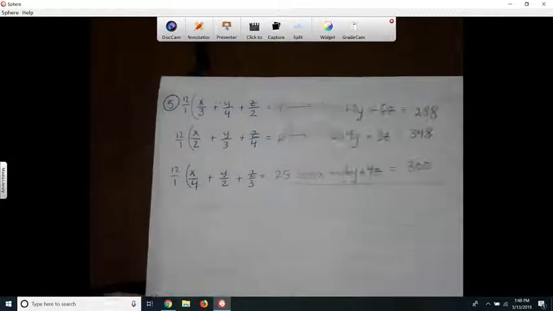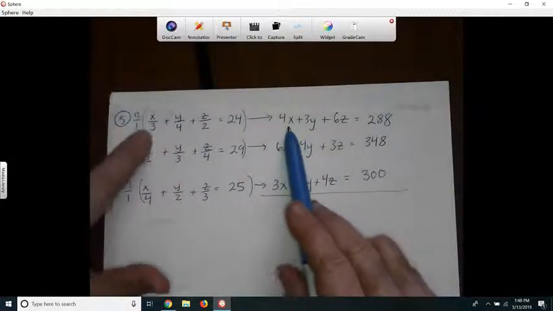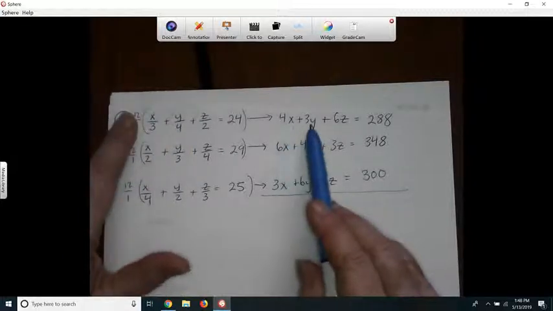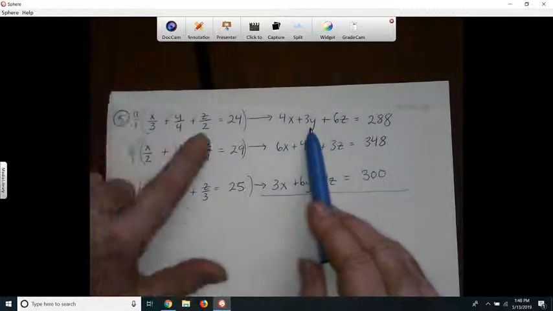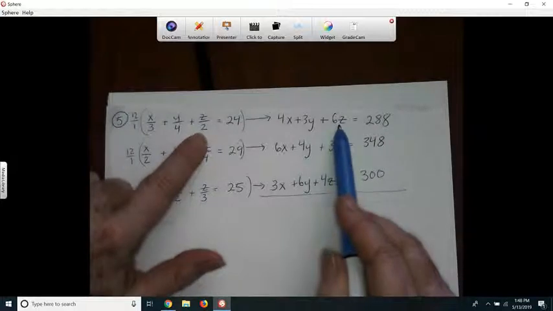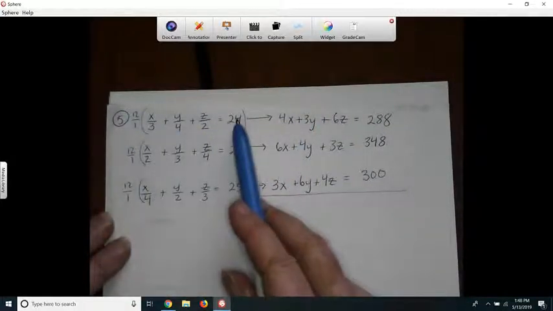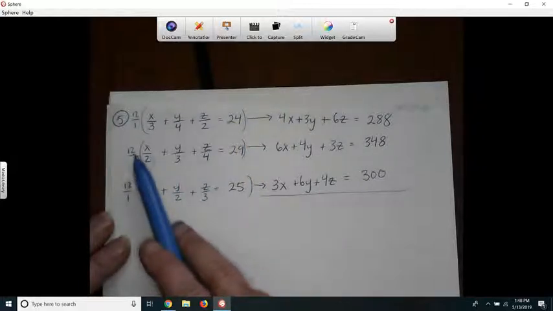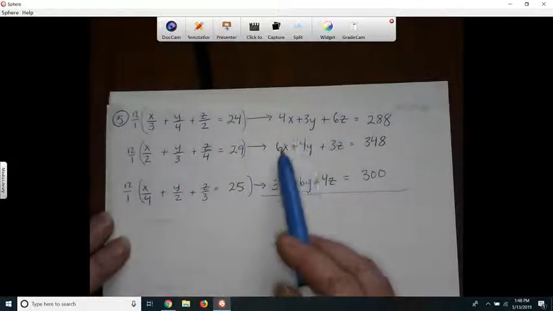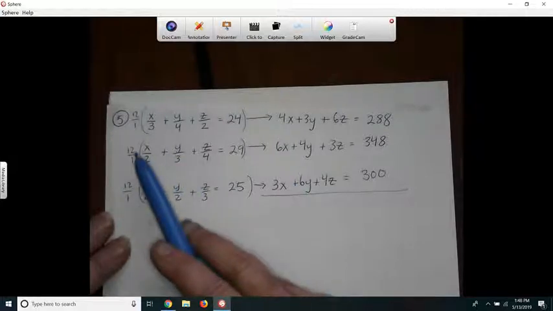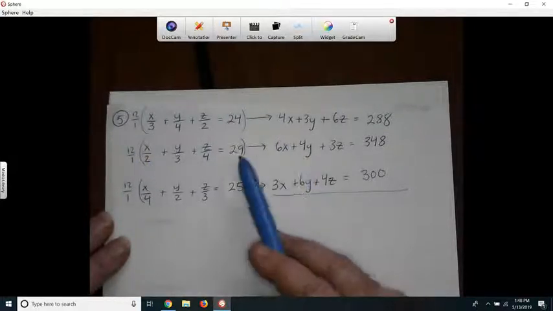So I did it like this. This one will be 4. 4 goes into 12 3 times, so that'll be 3. And that one's 6. So this is just me multiplying this one through by 12. 12 divided by 2 gives me the 6. And then this one gives me the 4 and the 3.